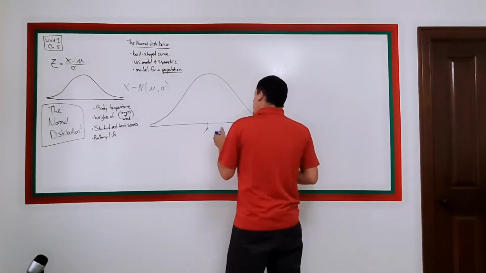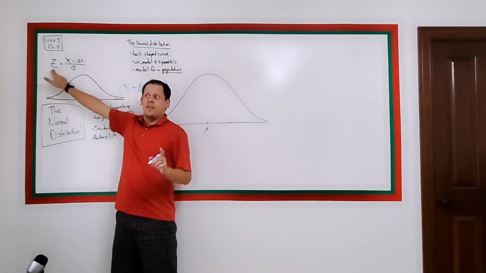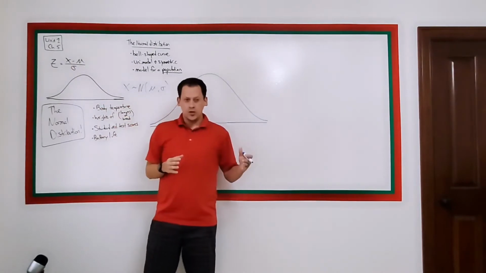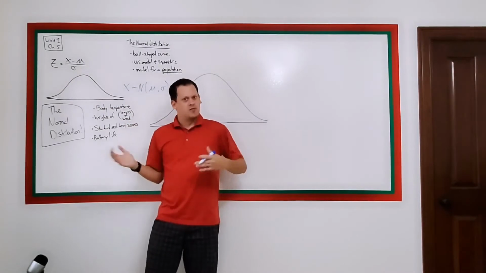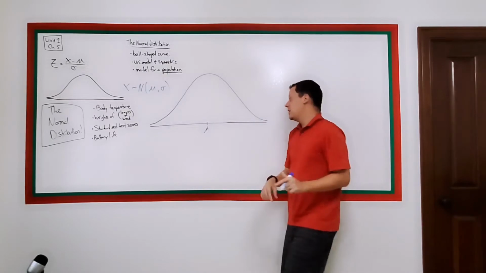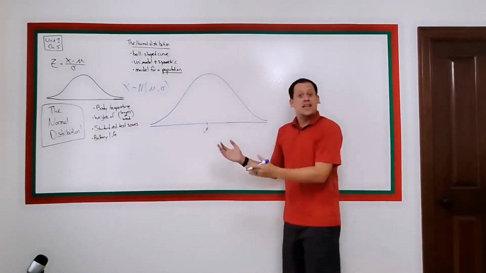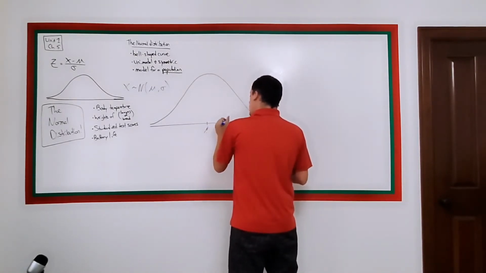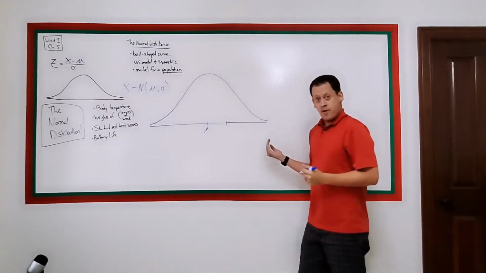Now, we've already decided when we calculated z-scores that the idea of using the standard deviation as kind of like a ruler, saying that a particular value is so many standard deviations above or below the mean, is an important thing to do. So let's continue with that idea and count along this axis standard deviations above or below the mean. So if the mean is in the middle and we go this way, we're going to the right, so the number's getting bigger.